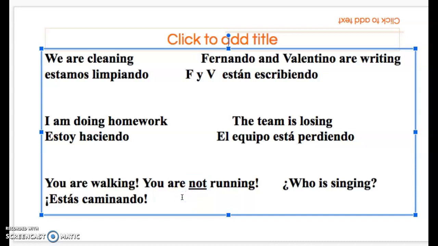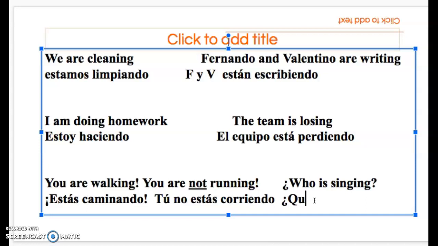So I'll put the tú in here so you can just see the placement. Tú no estás corriendo. There it is. So the no needs to come in front of estar. Not in between, not after.